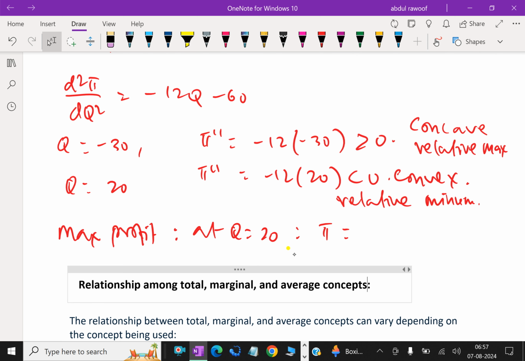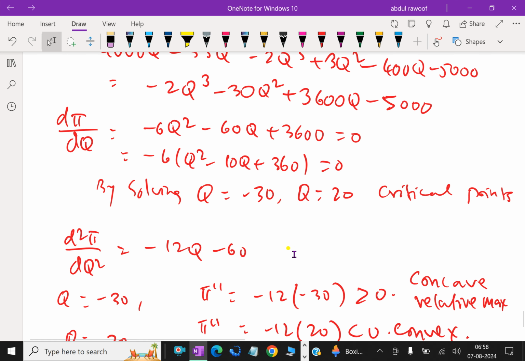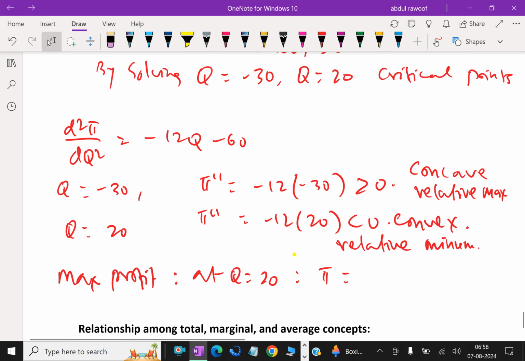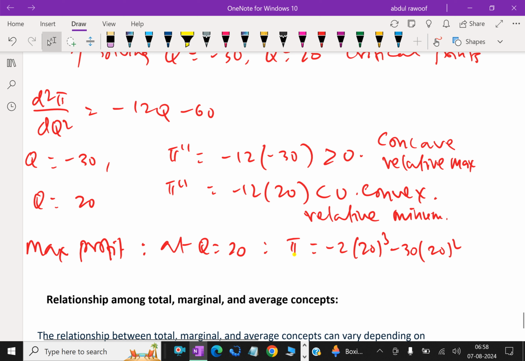Therefore, for the profit function, you substitute minus 2 into 20 cube minus 30 into 20 square plus 3600 into 20 minus 5000. Finally, we get 39,000 as the maximum profit.